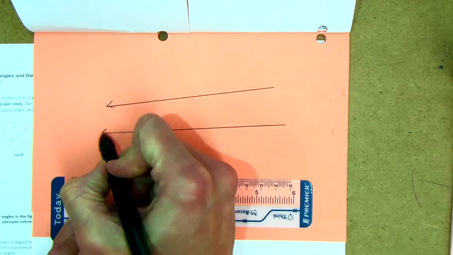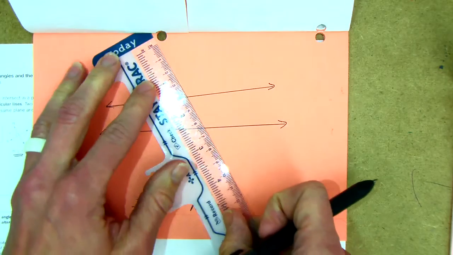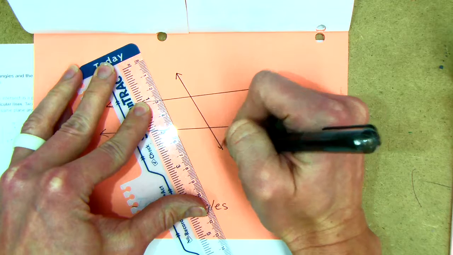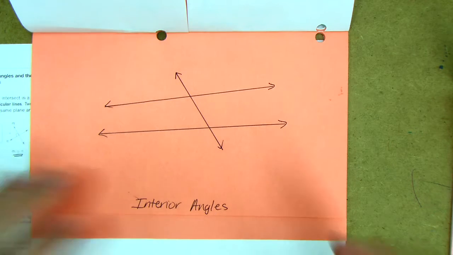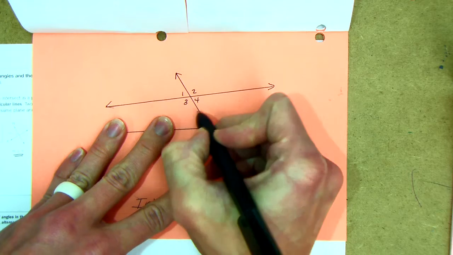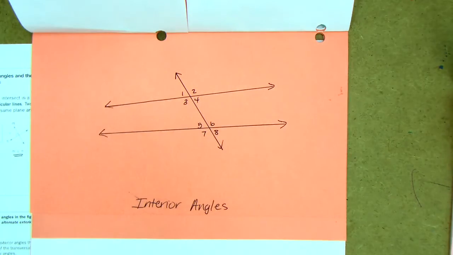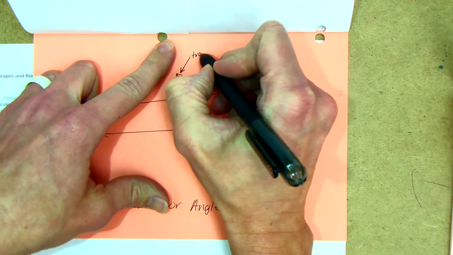Two lines cut by a transversal, and these are words and terms that will belong on your vocab sheet. So when 2 lines are cut by a transversal, you have a whole bunch of angles. You actually have 8 of them. Here's 1, 2, 3, 4, and then 5, 6, 7, and 8. There are 8 angles that are formed. So for interior angles, I should label this right here as your transversal.